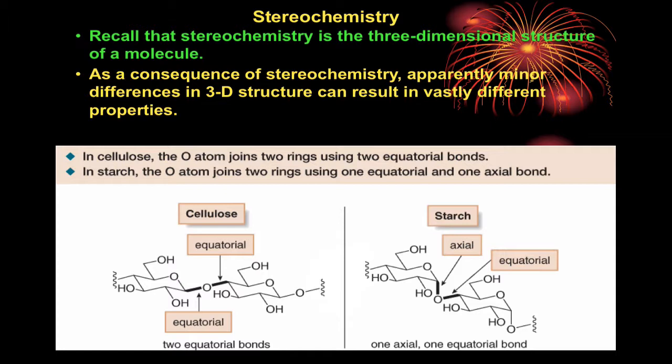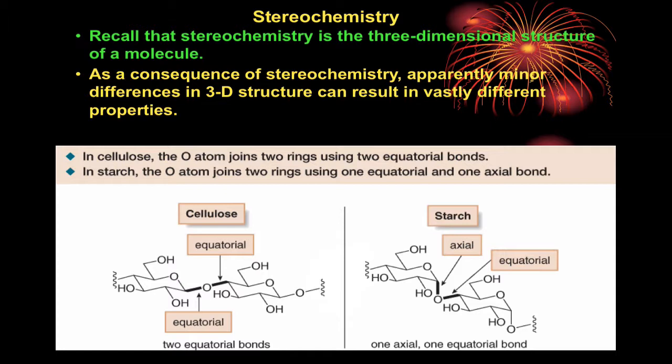And if we look at a simple example like cellulose and starch, we know intuitively from our everyday experiences that these are very different molecules. Cellulose and starch are nothing more than sugar linkages. Okay? They're polymers of glucose, both of them. However, if you look at cellulose, what you notice is that this oxygen linkage, or an ether linkage, if you will, that's connecting these two sugar molecules together, it's an equatorial bond.